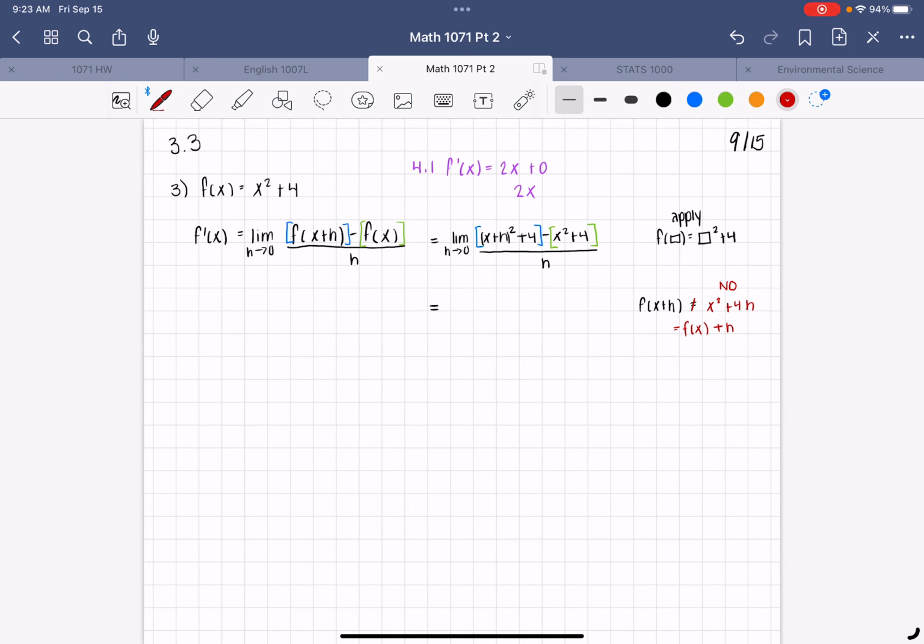And again, why? Why is that? Remember where this comes from. You've got a ball that's falling. And if you consider the average speed, say the interval starts at x, and the interval is h seconds long, so the interval stops at x plus h, and you want distance traveled.